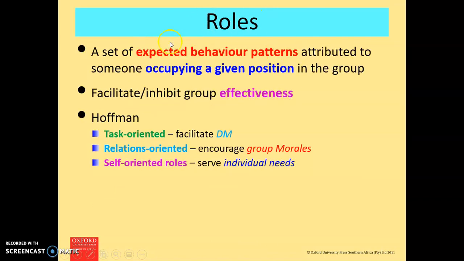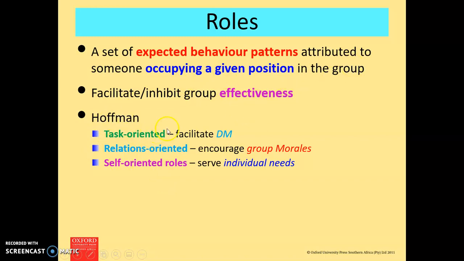Okay, role is referring to a set of expected behavior patterns attributed to someone occupying a given position in the group. So basically, when we talk about role, we talk about what are the expected behavior patterns when someone is occupying a certain position. So role can also facilitate and at the same time can inhibit group effectiveness.